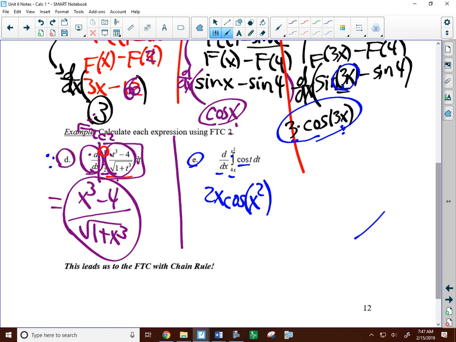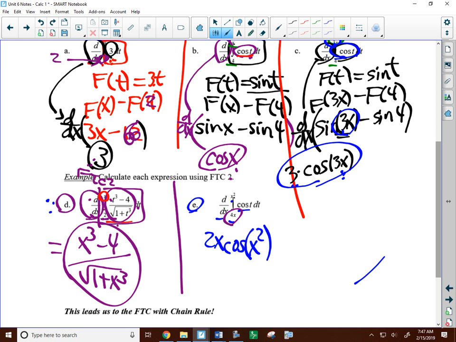Now I did something different here. Instead of it being a number, I threw in another lower limit that has a variable in it. So let's imagine back up here, it'd be like this. We'd do these f of 3x minus f of 4x. And if we had it, then we'd have to do another term here, minus.